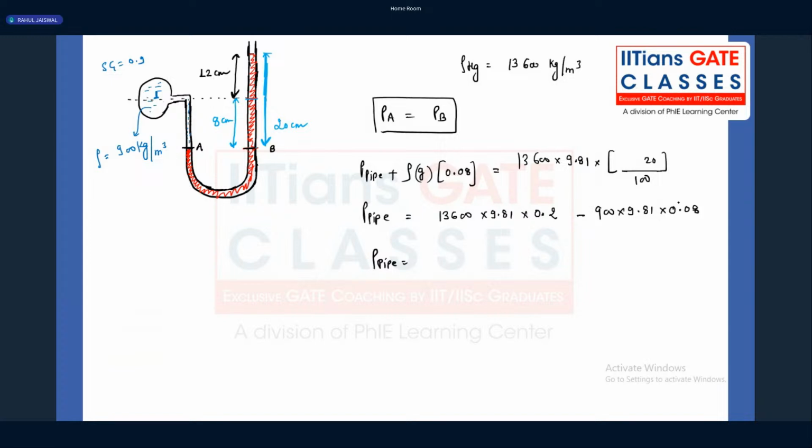So 13,600 into 9.81 into 0.2 minus 900 into 9.81 into 0.08. So you are going to get something like 25976.88 Newton per meter square.